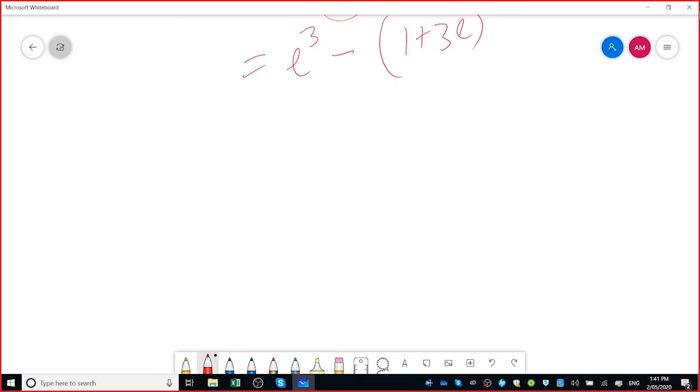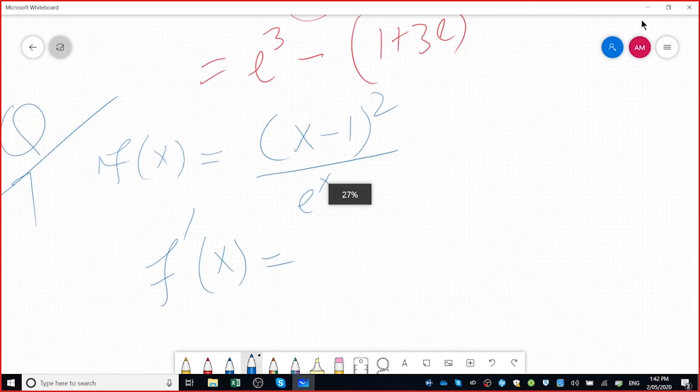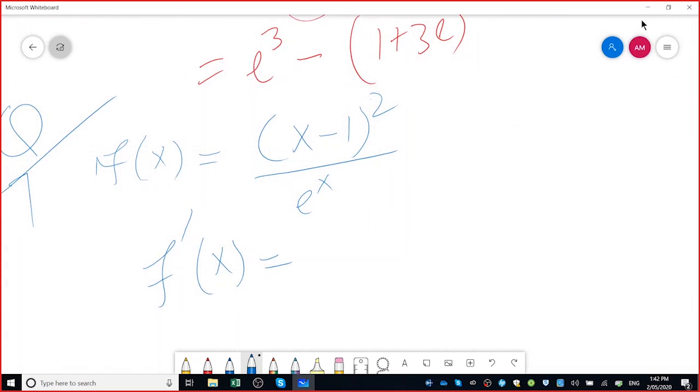Can we do a very simple question, an 8R question? f(x) is equal to... it's a derivative question, but because we are doing it, let's do this also. x minus 1 whole square over... this is the question. So you have to find f bar x. Can you find that? Sure, I'll find it. Give me a second.